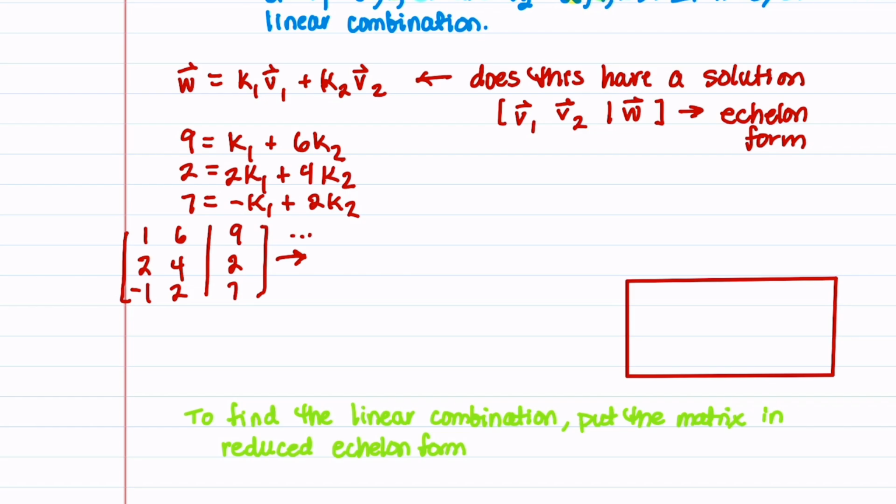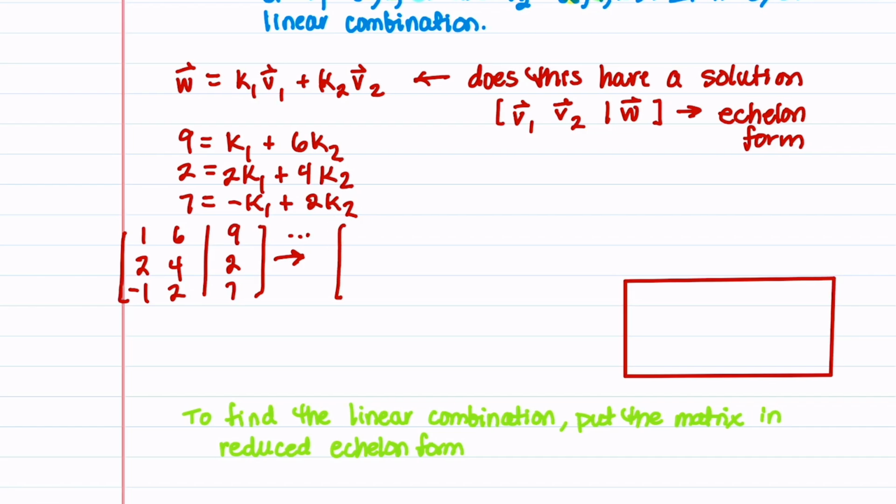I'm just going to make some dots, which is nothing mathematical, just me saying we're going to skip some steps. So what we end up with is 1, 6, 9, 0, 1, 2. And remember, our echelon form is not unique, so if you stopped the video and did this on your own, you might have gotten a slightly different form than I did.